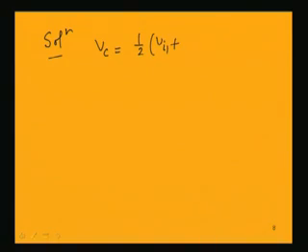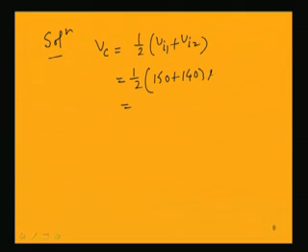Vc we can find out because Vc is the common mode part of the two signals, found out by the average between the two signals, half of Vi1 plus Vi2, that is equal to half of 150 plus 140, both in microvolt, and that gives the value of 145 microvolt as the common mode part of the two signals, and the difference component of the two signals we have found out to be 10 microvolt.